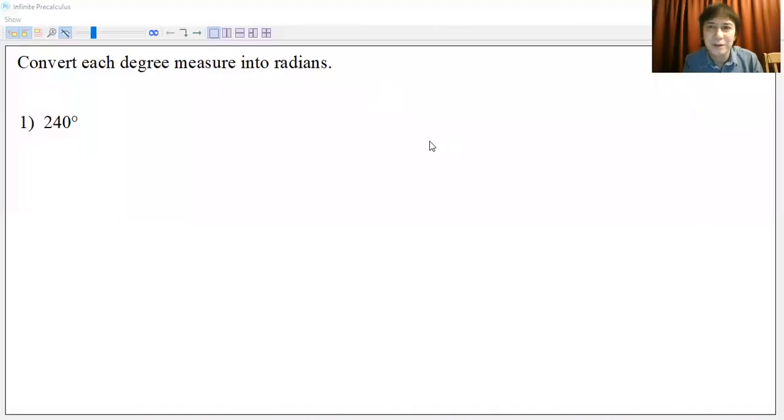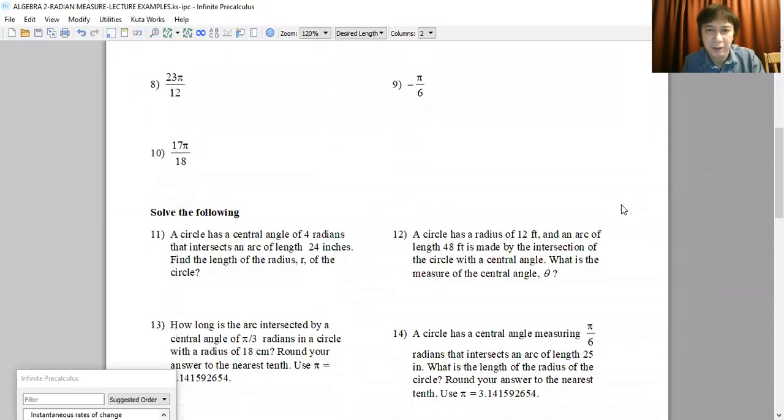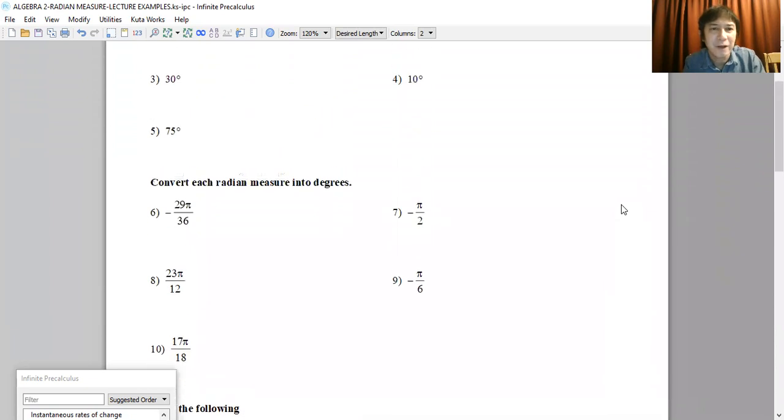Okay, here is the first number, but let us see the total first. We have about 14 problems.